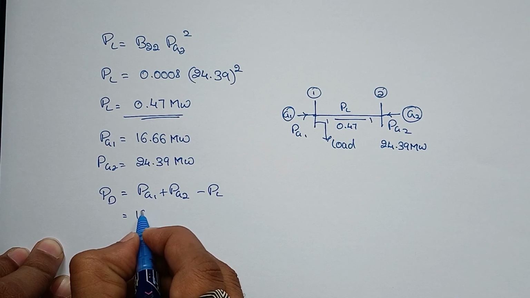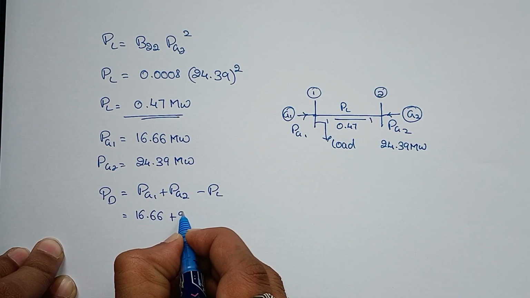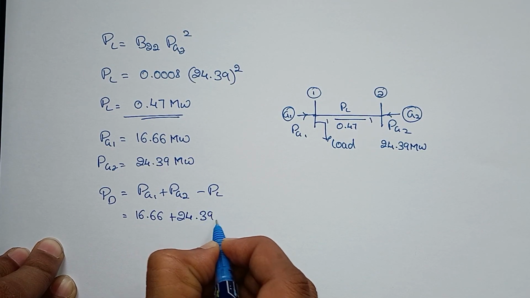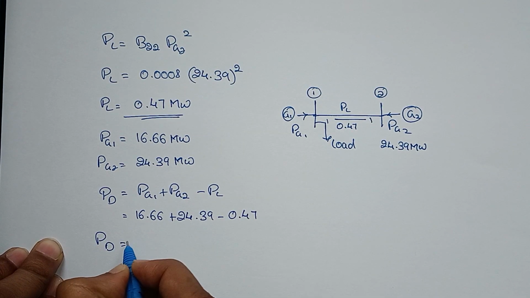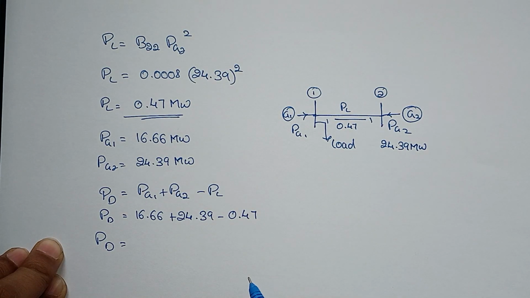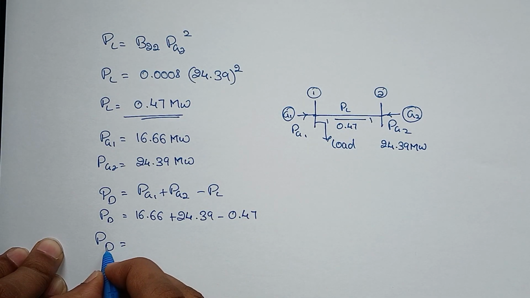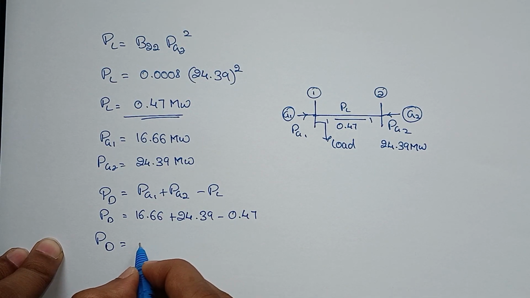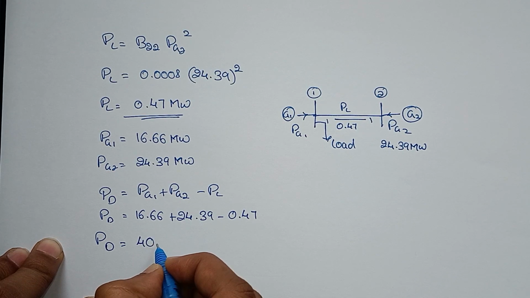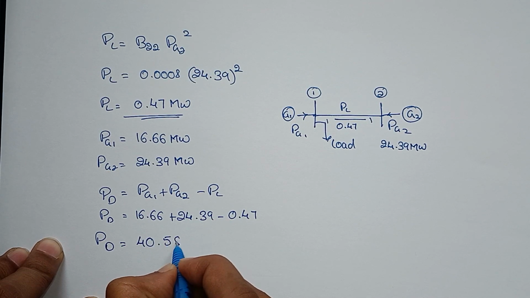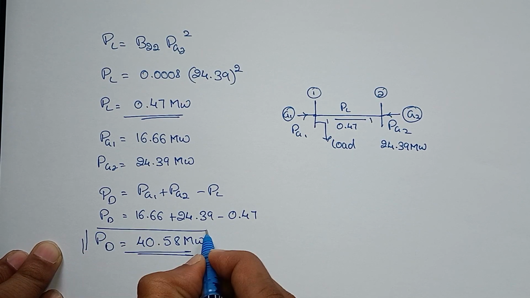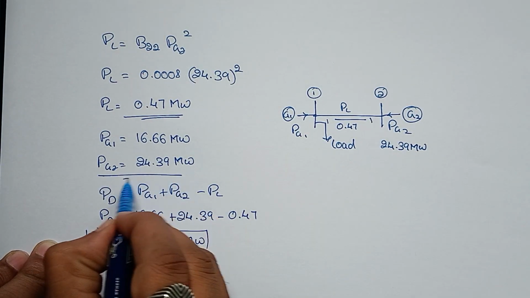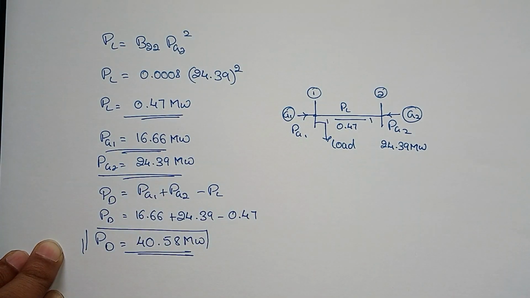That's 16.66 plus 24.39 minus 0.47. PD, the actual demand, is 40.58 megawatt, and these are the values that we need to identify from our question.